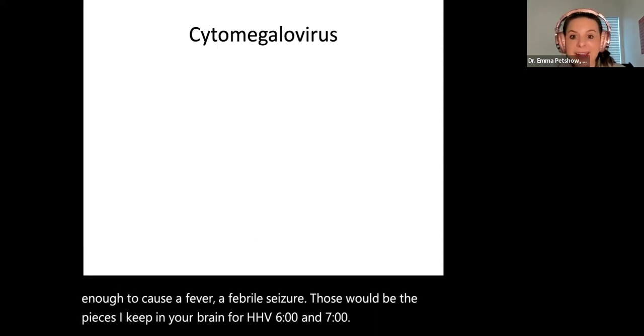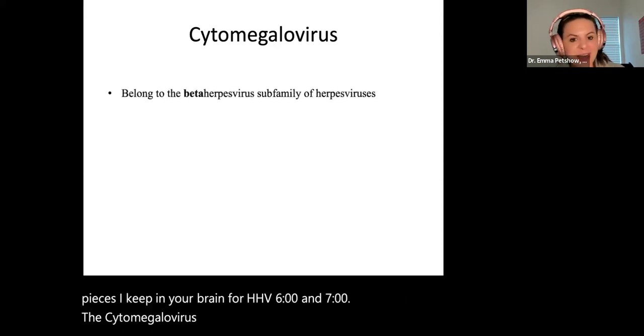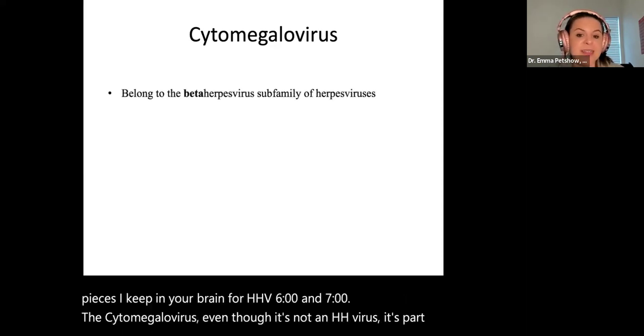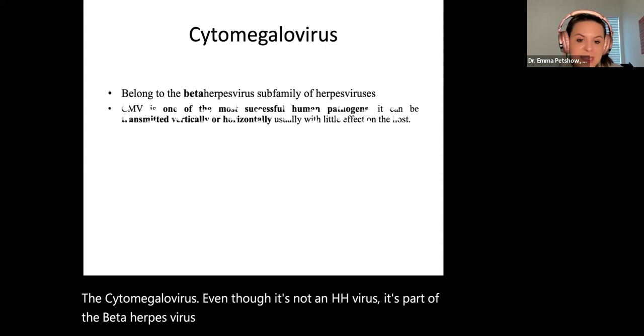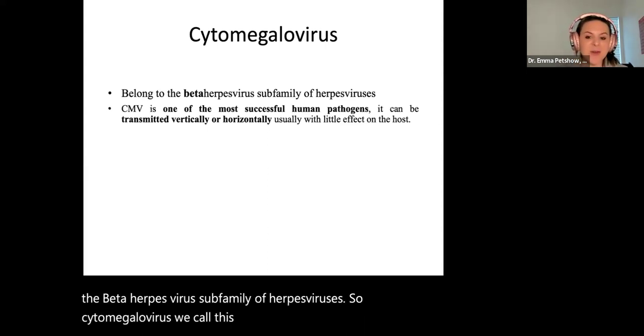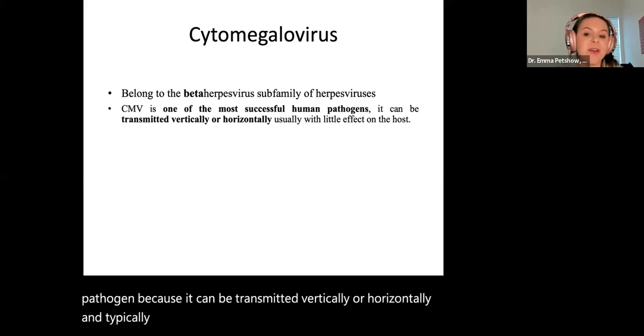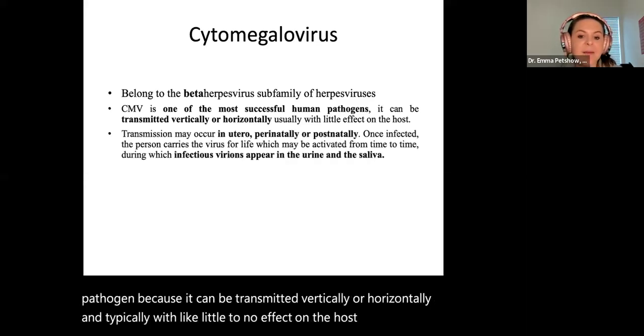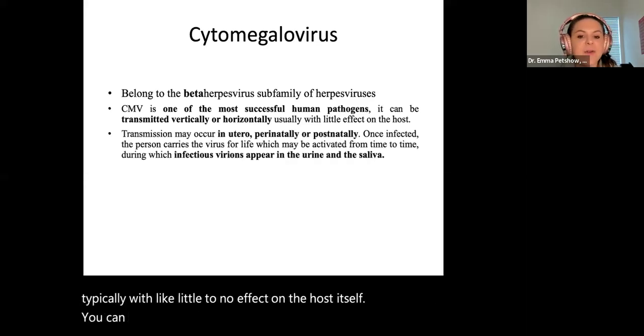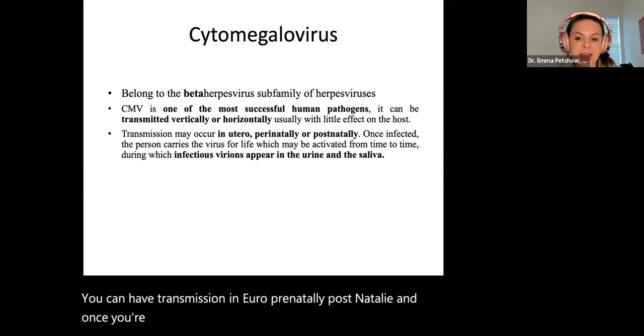Now, cytomegalovirus, even though it's not an HHV, is part of the beta herpes virus subfamily of herpes viruses. We call this the most successful human pathogen because it can be transmitted vertically or horizontally, and typically with little to no effect on the host itself. You can have transmission in utero, prenatally, postnatally, and once you're infected, you carry the virus for life, and it can be activated from time to time.